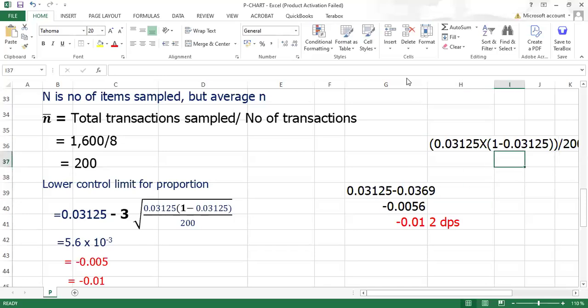Before you remove that answer, click on the square root, then click on the button having answer, then equal sign. Colleagues, are you following what I'm saying?